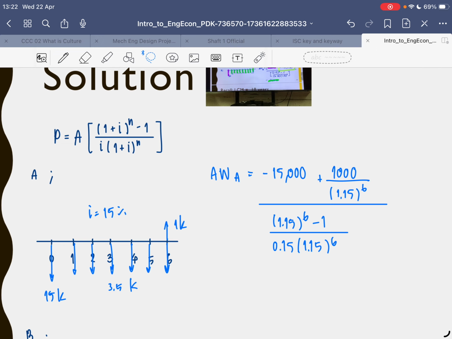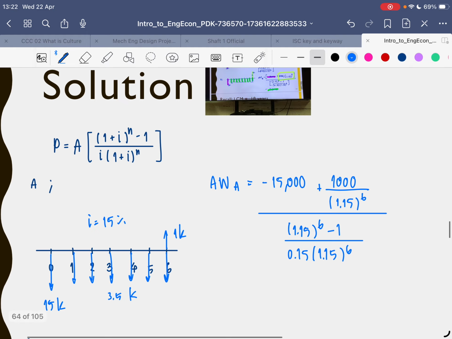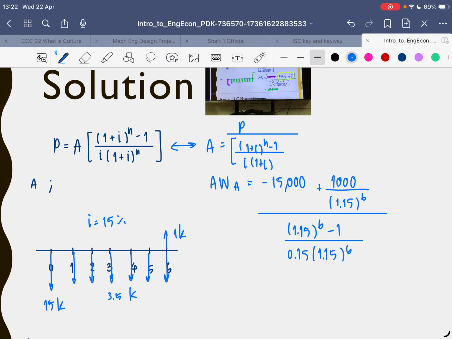What I did here is I use these factors. So in other words, A is equal to P times (1 plus I to the power of n minus 1) divided by I times (1 plus I to the power of n). So I divided this whole thing by these factors, as the entire thing here is present value, right?